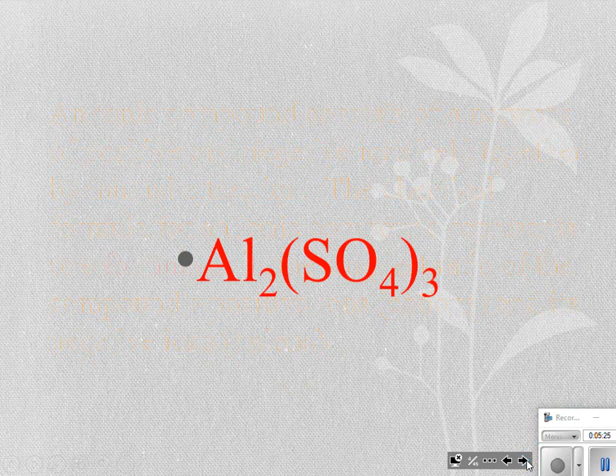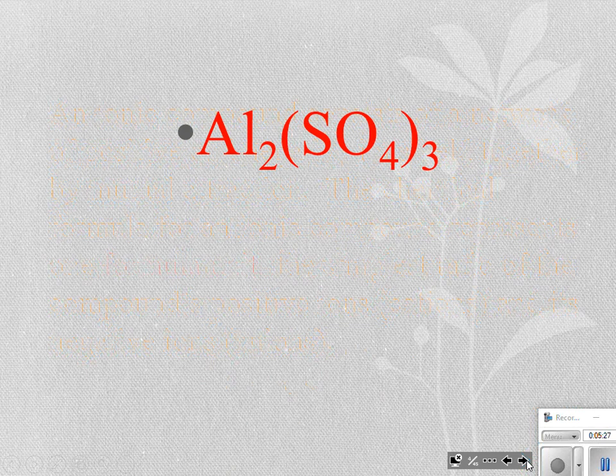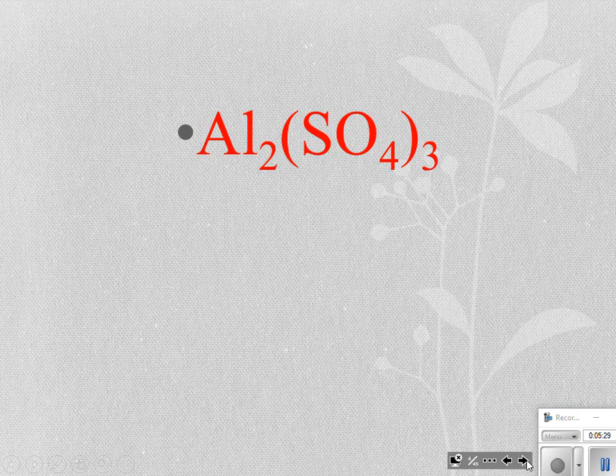So if I have this particular formula unit here, aluminum sulfate. Now, the SO4 is a polyatomic ion. So if I look at this, I'm seeing that I have two aluminums.